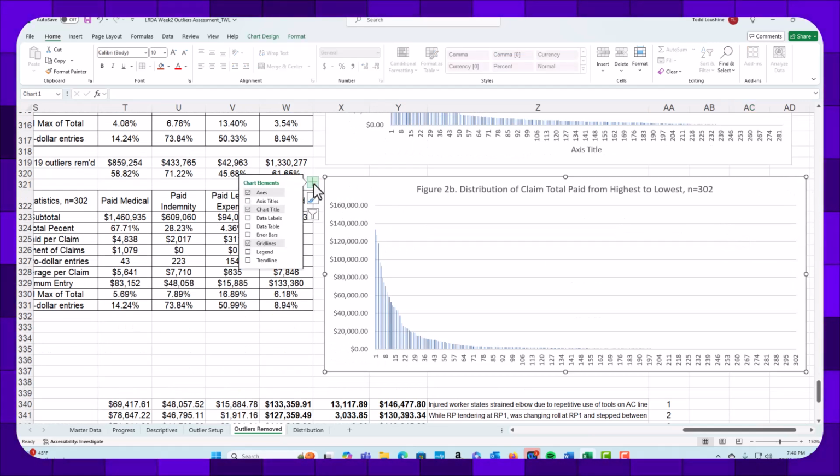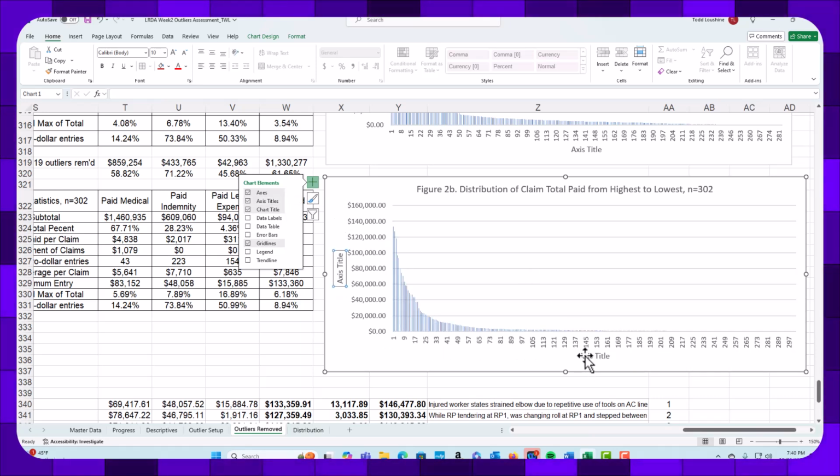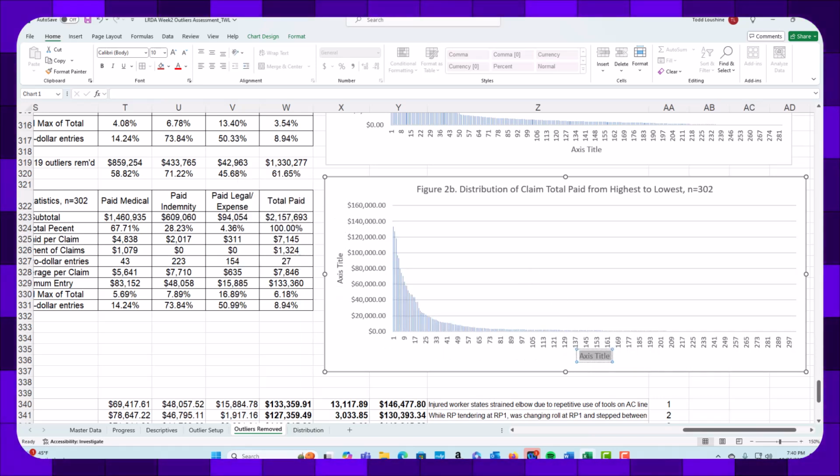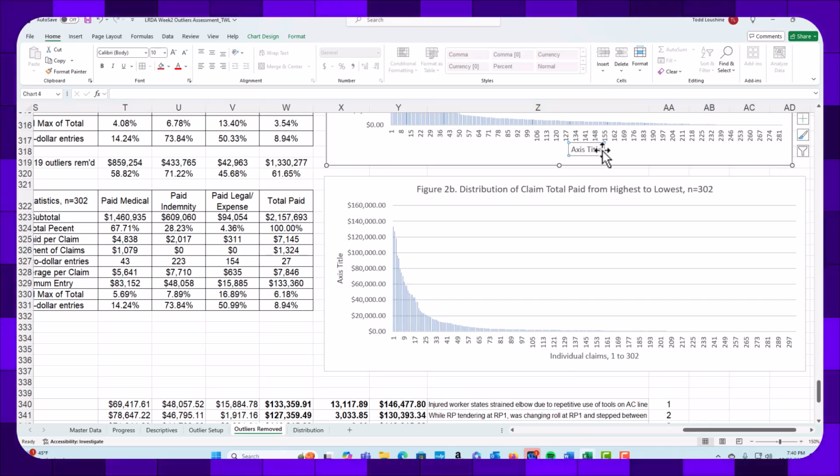Okay. So make sure this is N is equal to 2. And because we took out 19 of them, it's 20 to 302.